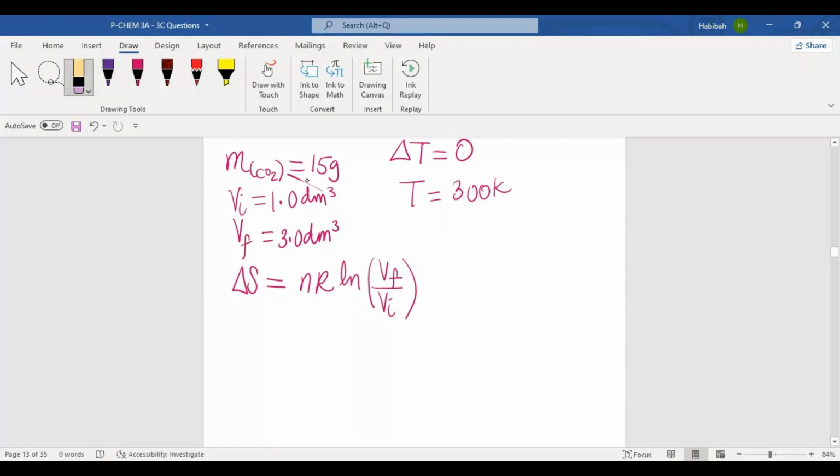Note that in our situation here, we're not given the number of moles, but what we have is the mass as well as the identity of the gas. So the number of moles is going to be the mass of CO2 divided by the molar mass of CO2. The mass is 15 grams, and the molar mass of CO2 is simply 44.01 gram per mole.